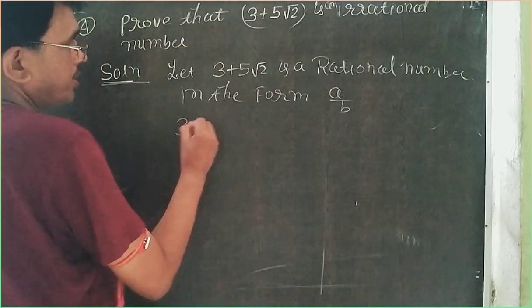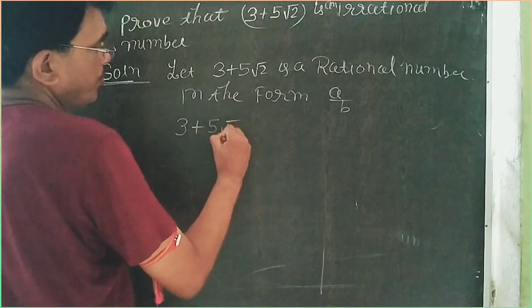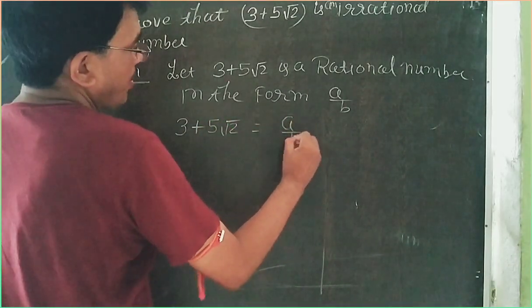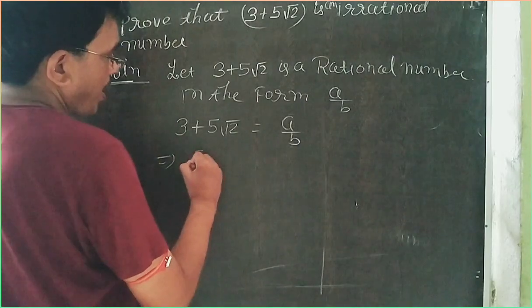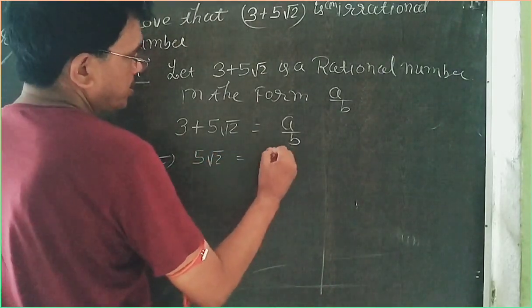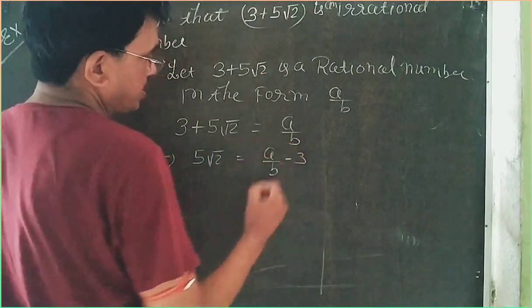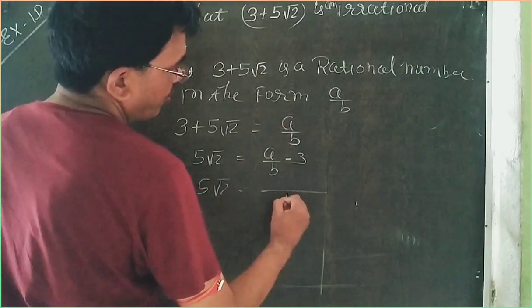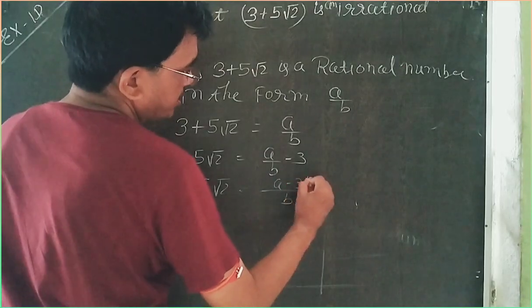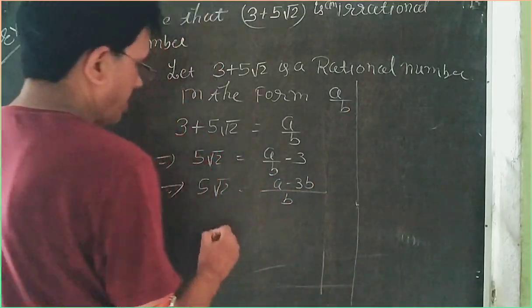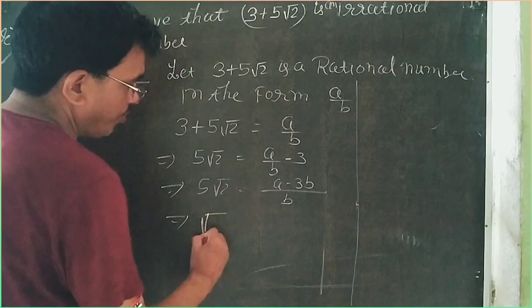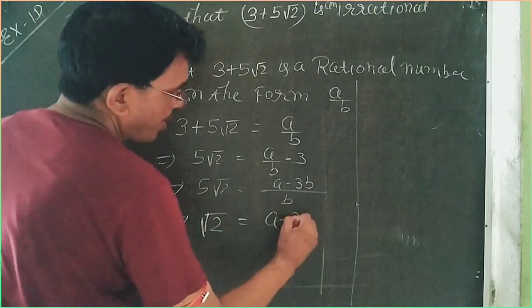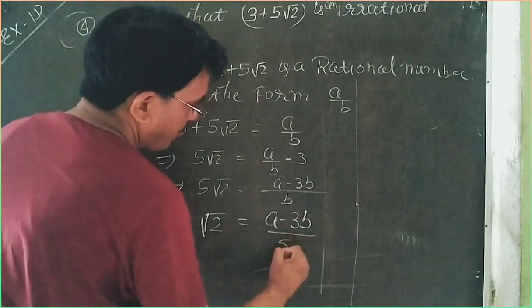So we write 3 plus 5 root 2 is equal to a by b. So 5 root 2 is equal to a by b minus 3. So 5 root 2 is equal to (a minus 3b) by b. Hence root 2 is equal to (a minus 3b) by 5b.